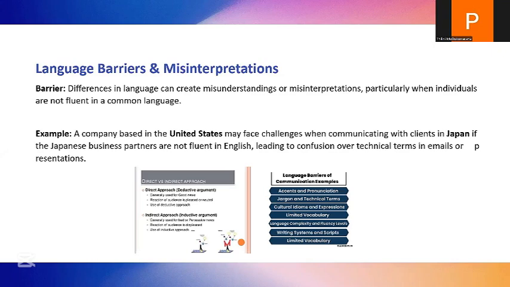Differences in languages can sometimes create misunderstanding, okay? Sometimes this happens because individuals may not be very fluent in their common language.